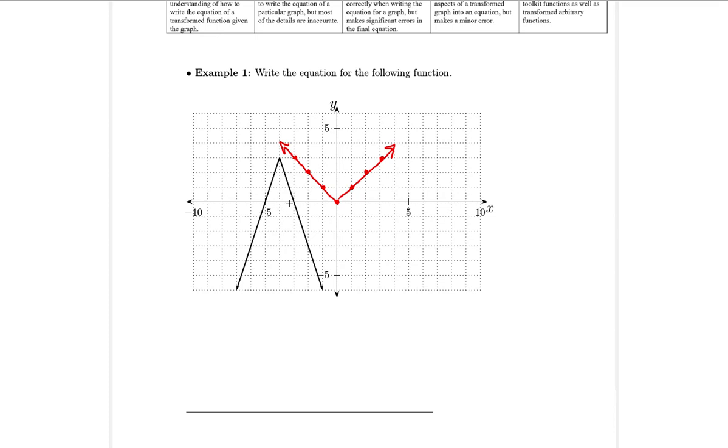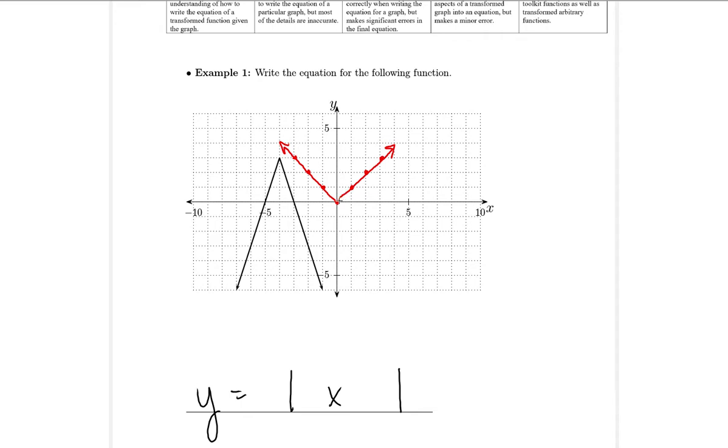So it might be nice to start off with y equals, and give yourself some room here, since you very well may need to add things in. Start with y equals the absolute value of x, and then ask yourself, what's different about this one?